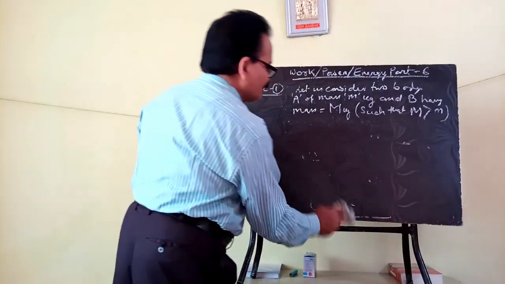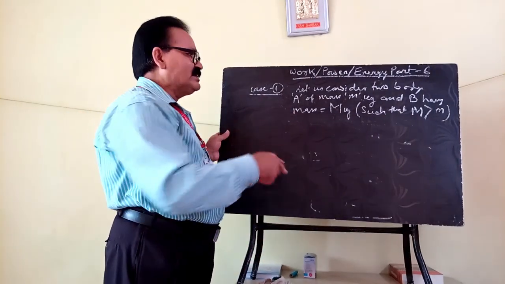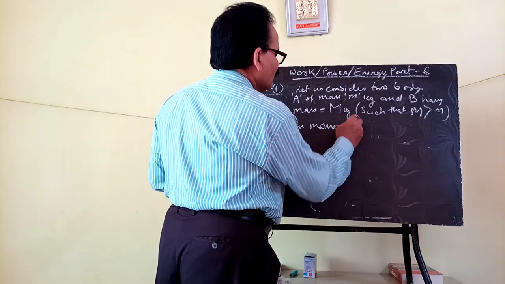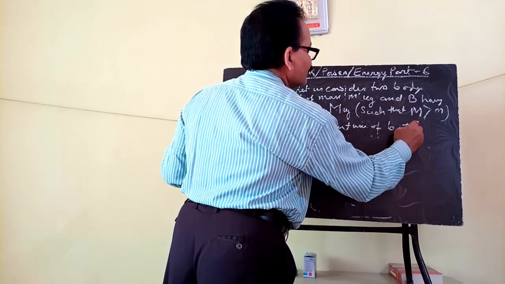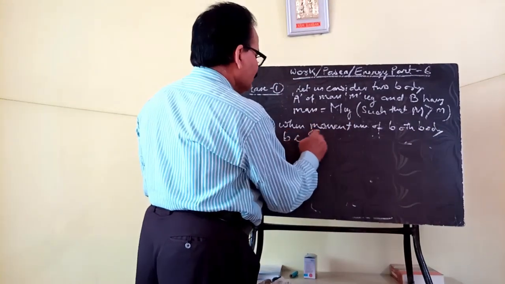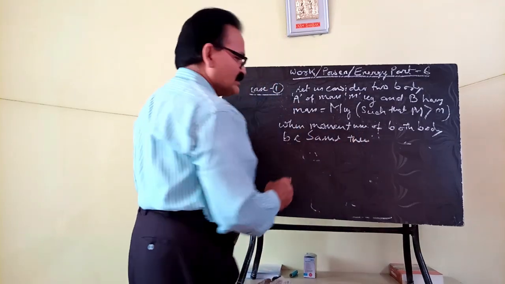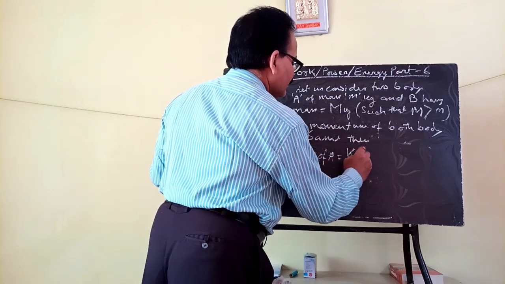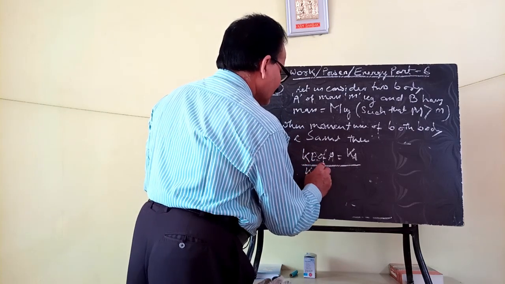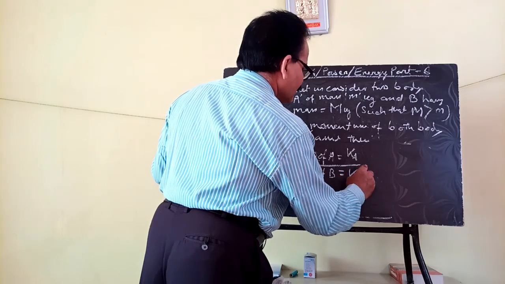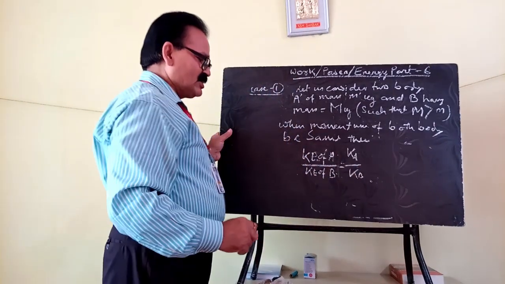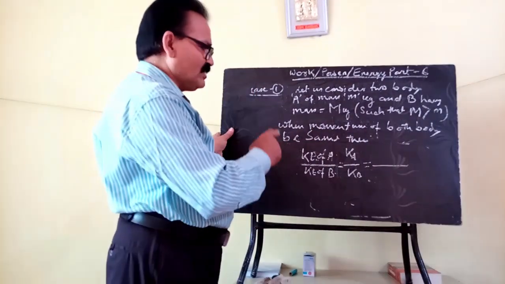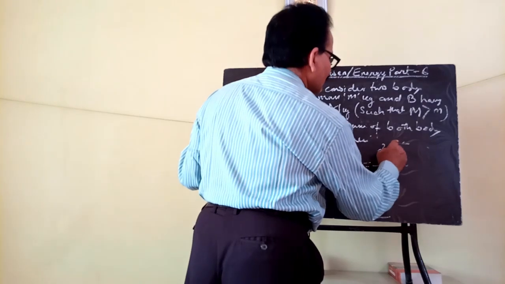Now in this condition you have to consider that the momentum of both bodies is the same. When the momentum of both bodies is the same, then the ratio of the kinetic energy of A, that is Ka, by the kinetic energy of B, that is Kb, can be written as, you have just seen that the formula of kinetic energy is P square by 2m.